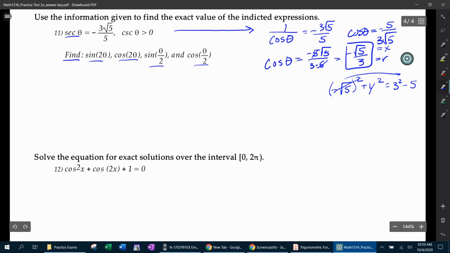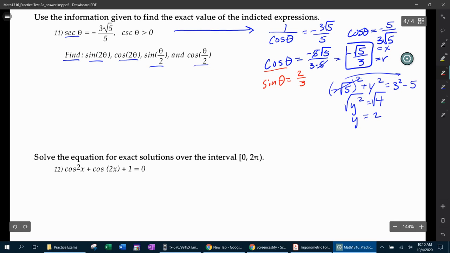Makes it a minus 5. Y squared is 9 minus 5, which is 4. And that means y is 2. So that means that the sine of theta is y over r, which would be 2 over 3.